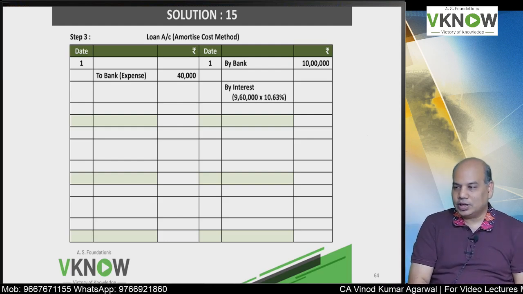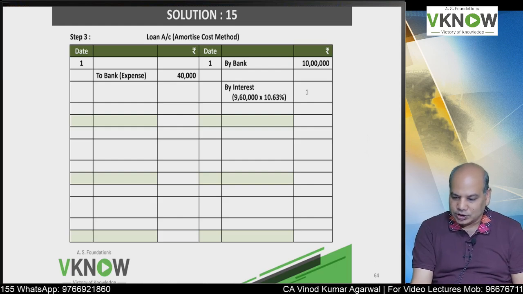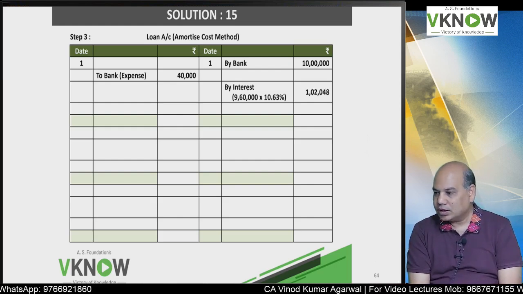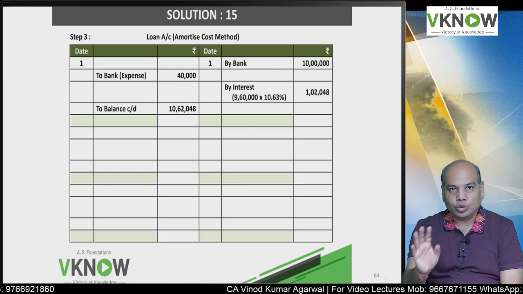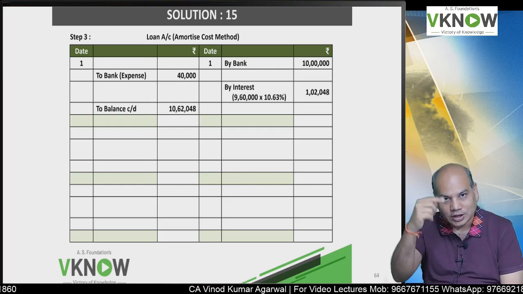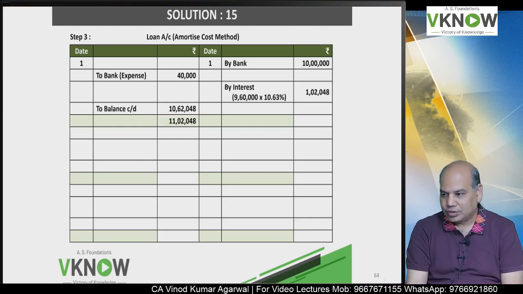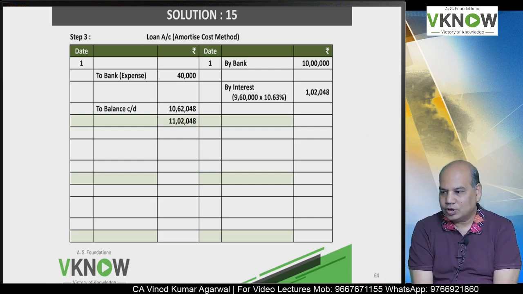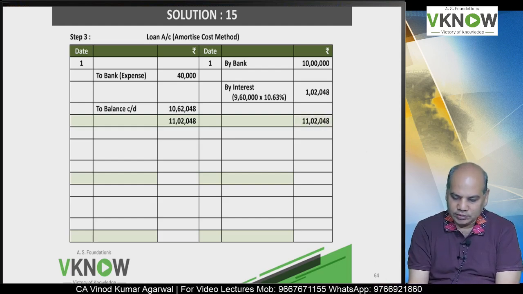At the end of year 1, you will recognize finance cost at the rate of 10.63%. It comes to 1,02,048. No payment was made in year 1. The entire 13 lakh will be paid directly after 3 years. So now my answer is 10,62,048.